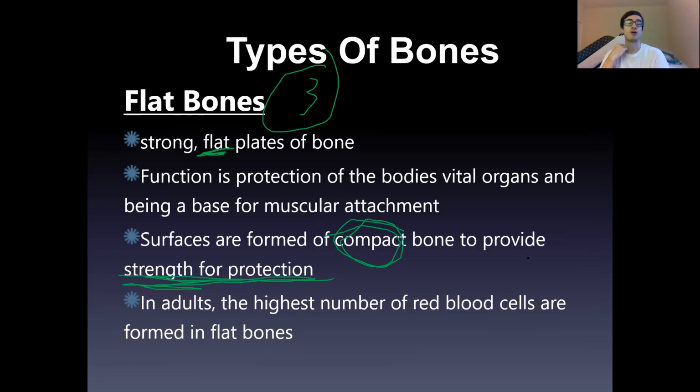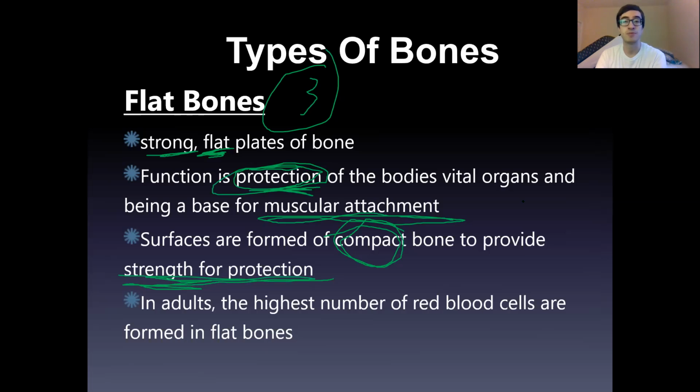We use these as armor plates to protect different areas of our body. So they do a lot of protection, and also tend to be where a lot of muscles are attached. But really, the flatness, the strength, and the protection are the major things to focus on with our flat bones.